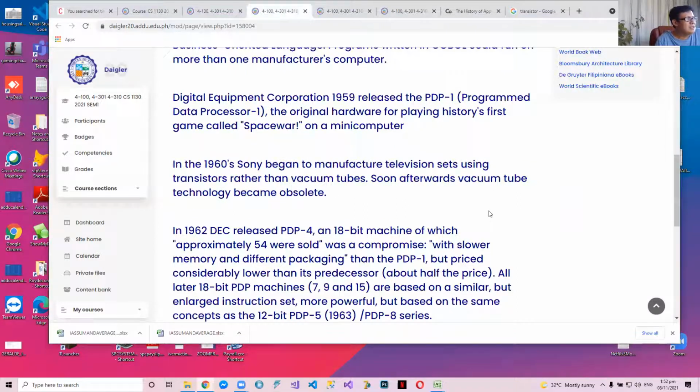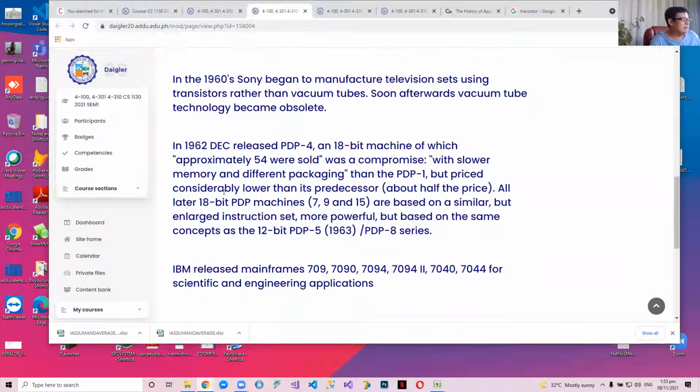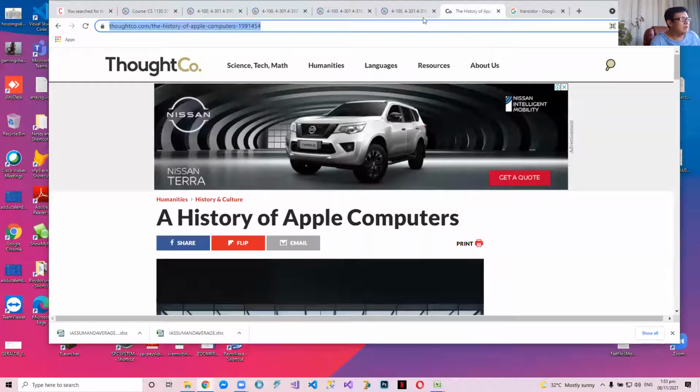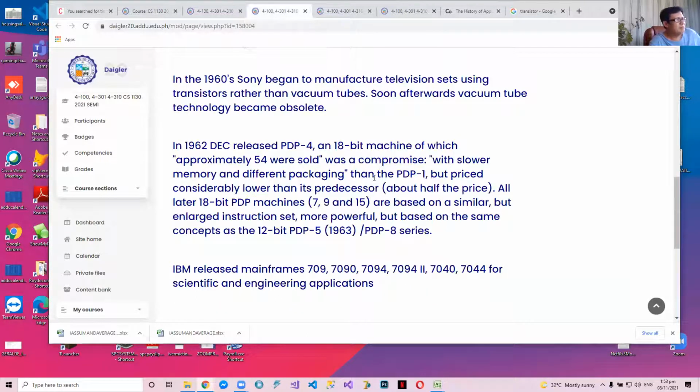In 1962, Sony, which was already there, was inventing, or rather manufacturing, TVs, television sets. 1962 is a second version, 1962 PDP-4. Is that correct? Yeah, an 18-bit machine. Okay, do you follow?